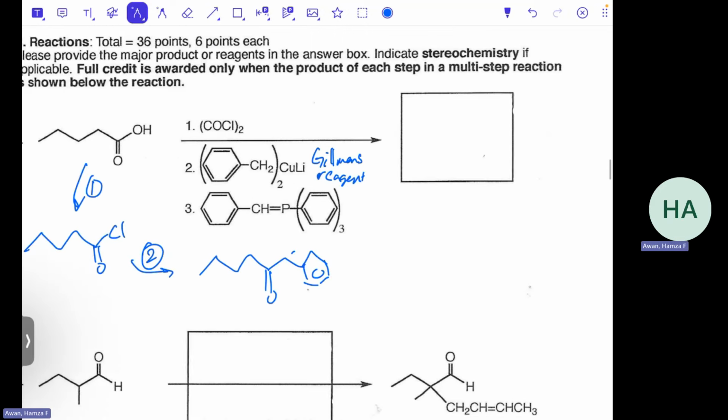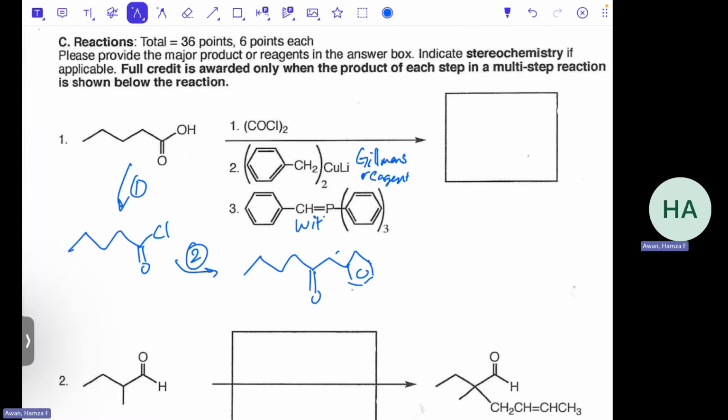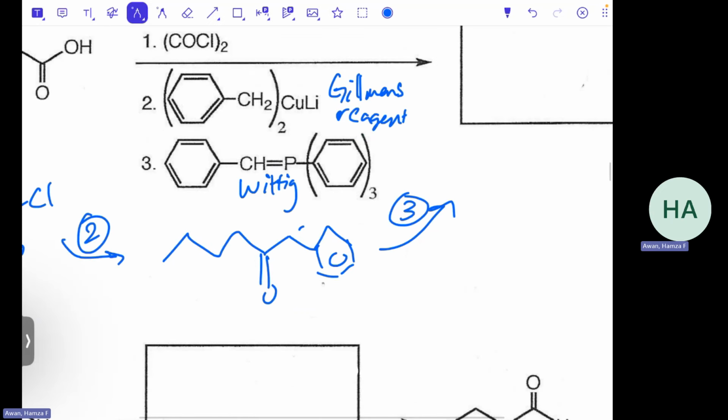And lastly, this is going to be the Wittig reaction. One thing I like to do with the Wittig is change the C double bond O so that it tells me how the bond is going to be.